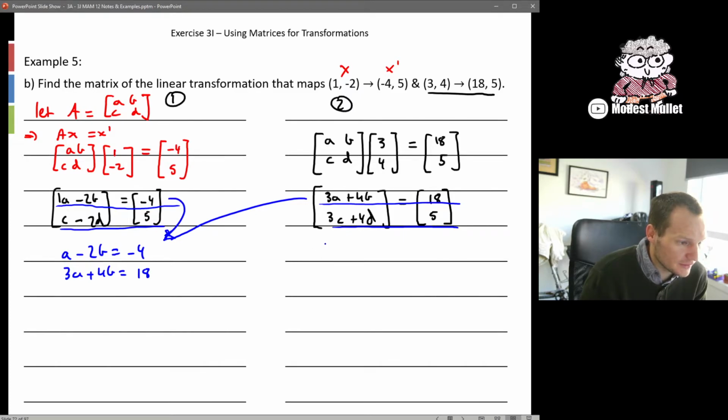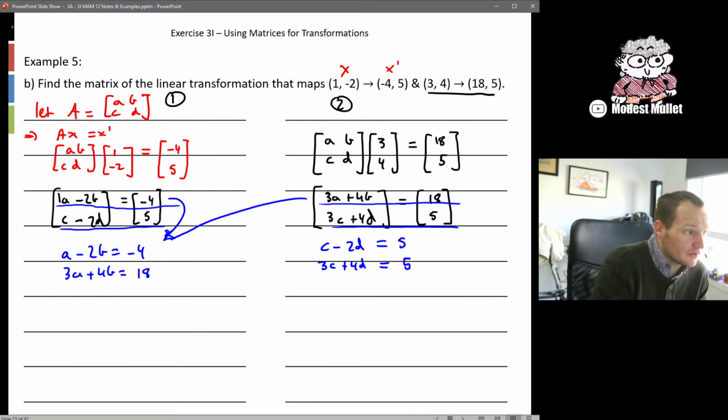And then if we take the second line from both of them, we get c minus 2d, 3c plus 4d. That one is equal to 5, and that one is equal to 5 as well. Okay. So now we've got two sets of simultaneous equations that we're just going to have to solve.